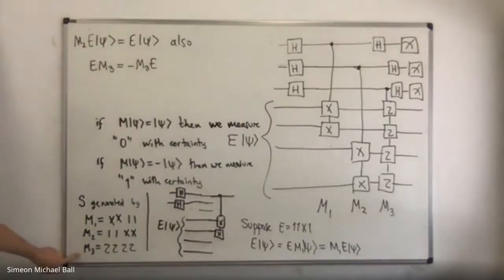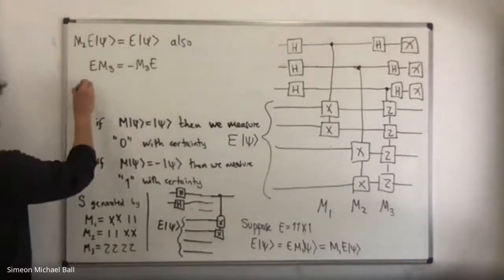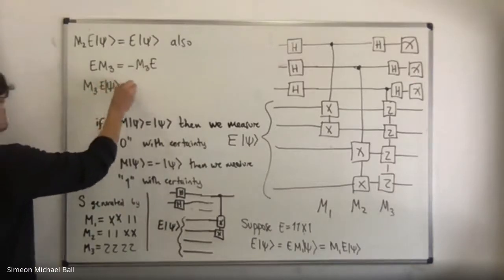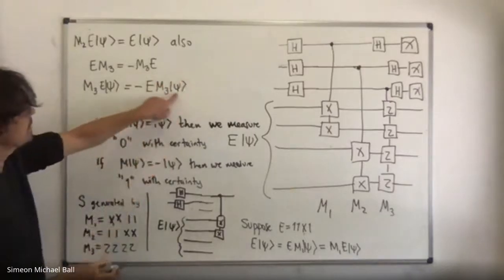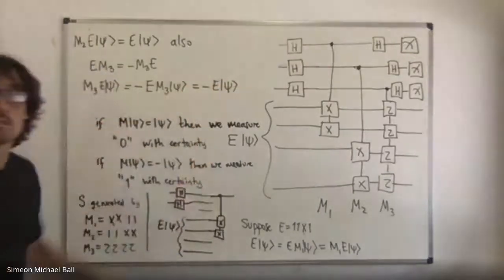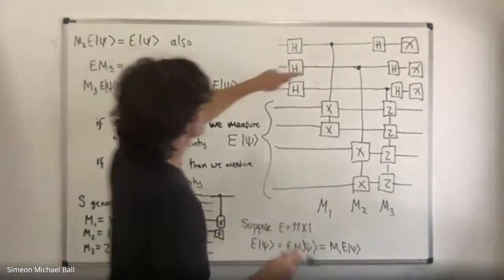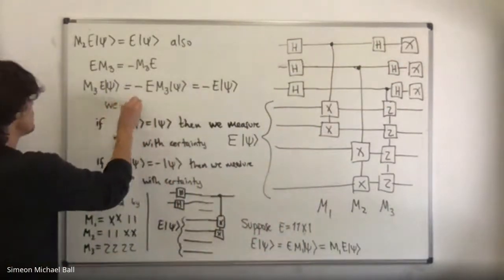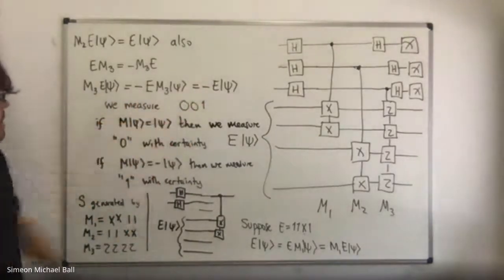These two anti-commute because E has a Z where M3 has an X. So when you apply M3 to E psi, that's going to be minus E M3 psi. Psi is an eigenvector of eigenvalue 1 of M3, so that's just going to be minus E psi. So here we will read 0, 0, 1. Okay, so it's like a plus and minus, it's plus and minus.